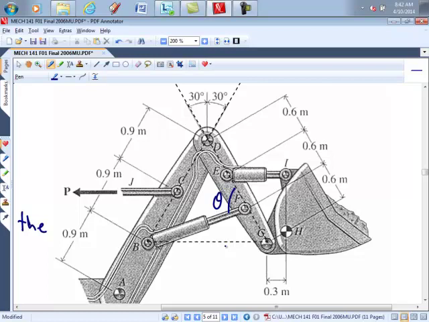Oh, I used the cosine law to figure out this length. But I did it using a different triangle. And then I used the law of sines.